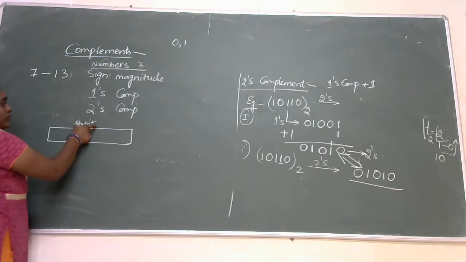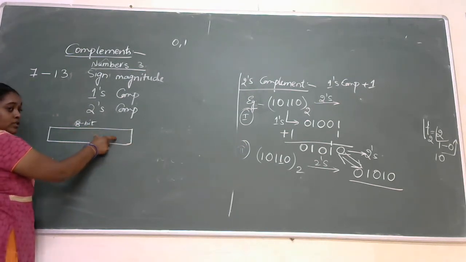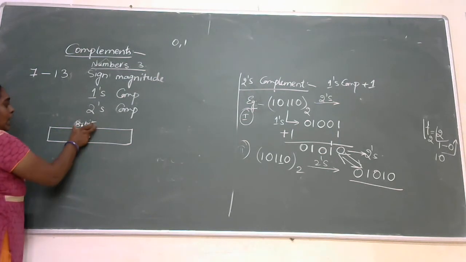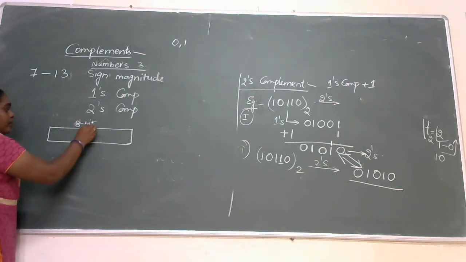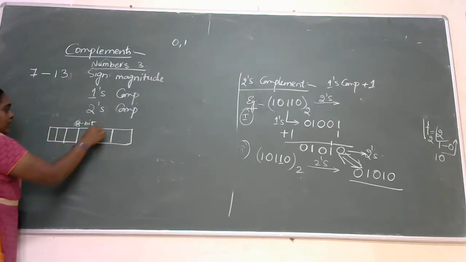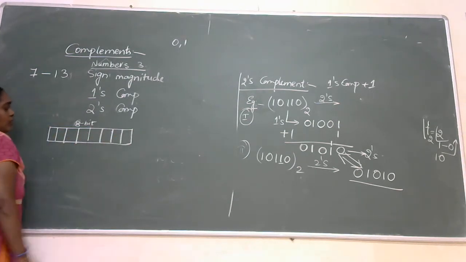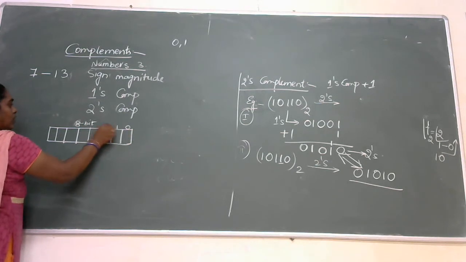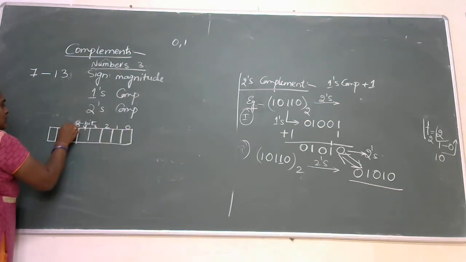In general, we are storing 8 bits in this case. This is a register which has the capability to store 8 bits of information, that is 0, 1, 2 till 7.